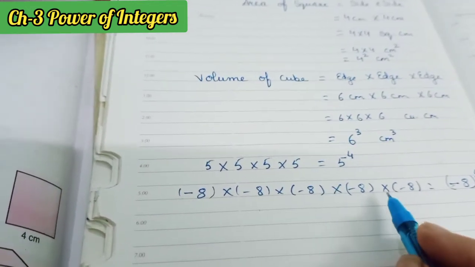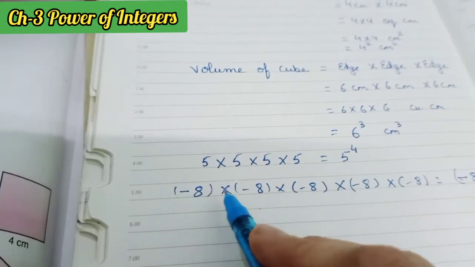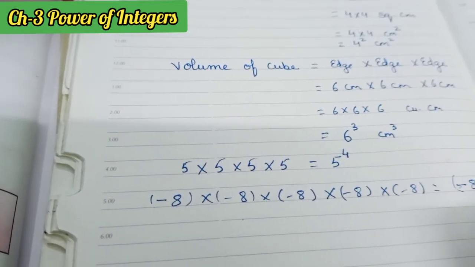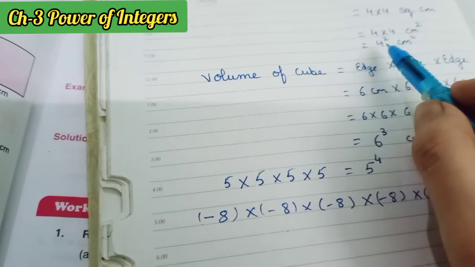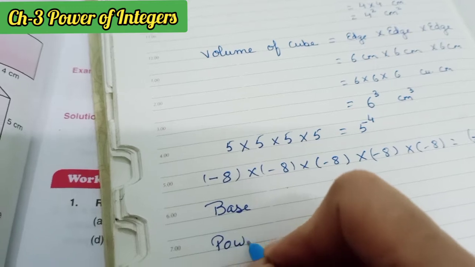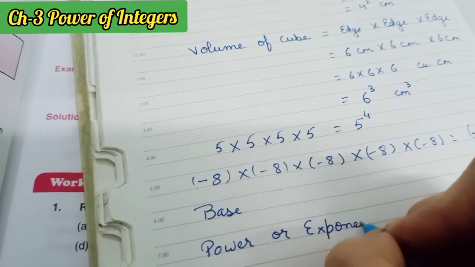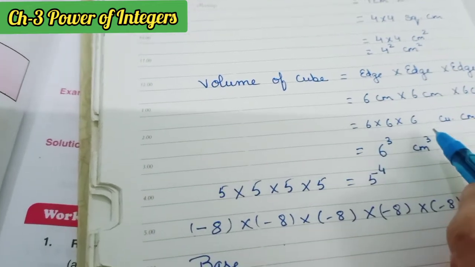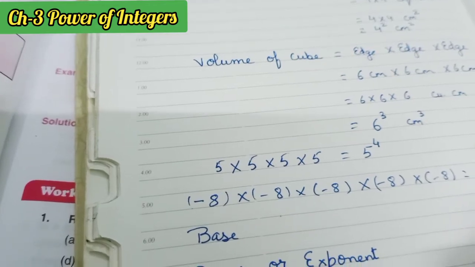The number which is multiplying many times, that will be in the base, and how many times it multiplies, that is the power or the exponent. So in all this question, we are having one base and one power or the exponent, we will say. So here base is 4, here base is 6, here base is 5, here base is minus 8.